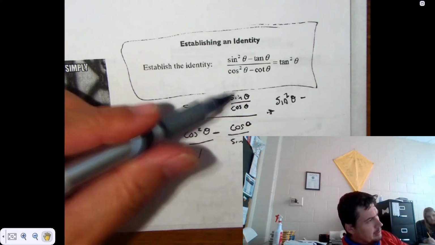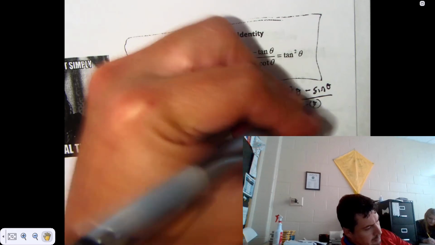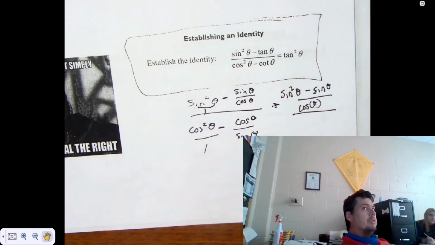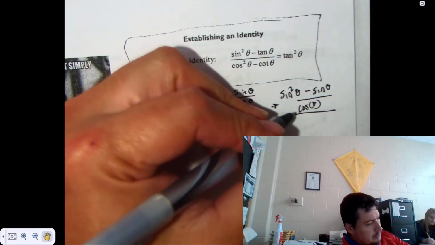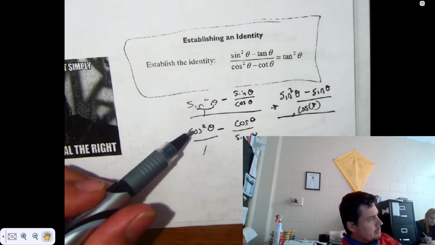Do we give sine anything? No. That's all sitting over cosine. We could do the same thing on the bottom. What do we give this cosine squared?